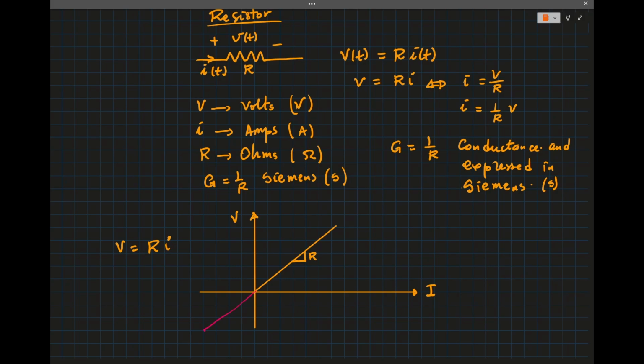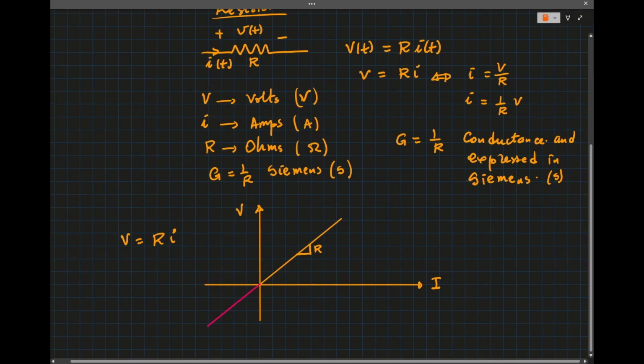So the graph will be something like this. When we have this linear equation, then we can sketch the IV characteristic as this.